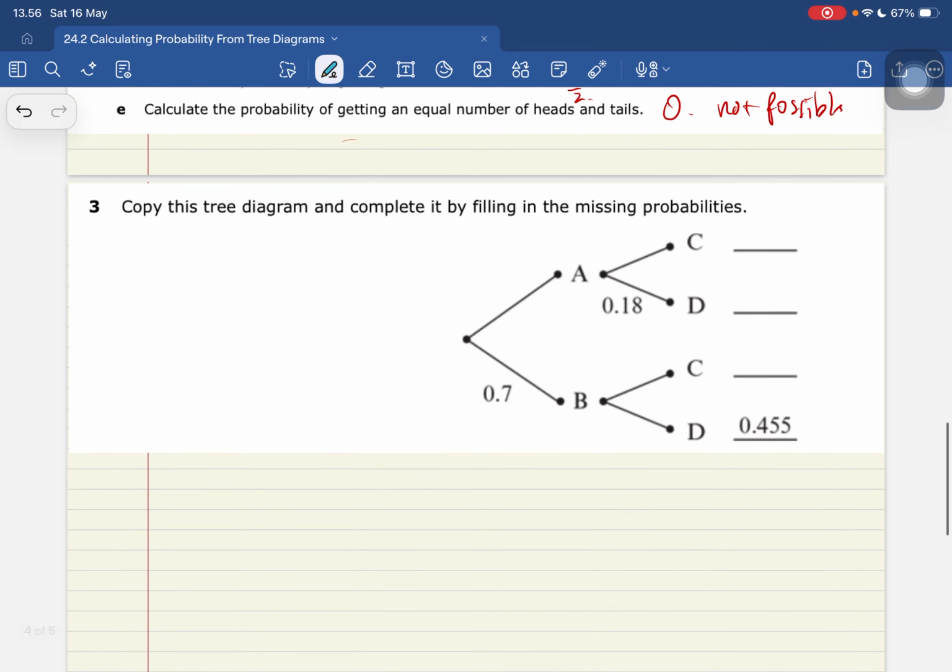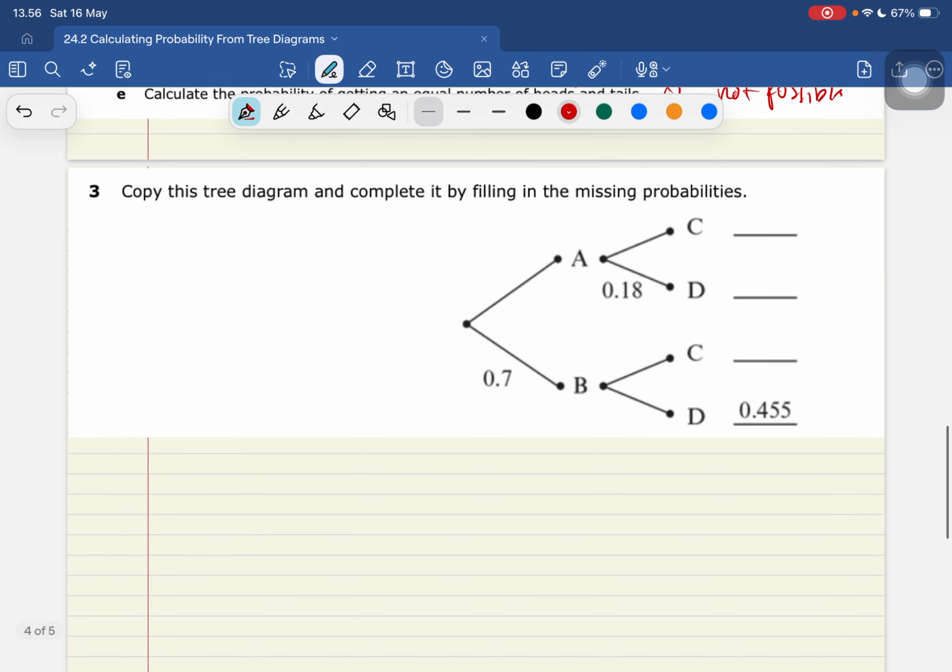Next, number 3. We need to copy this diagram and complete it by filling in the probabilities. Look, the total probability is 1. So to get this probability 1, we subtract 0.7, so we got 0.3. For this part, we got 1 minus 0.18, so we got 0.82.